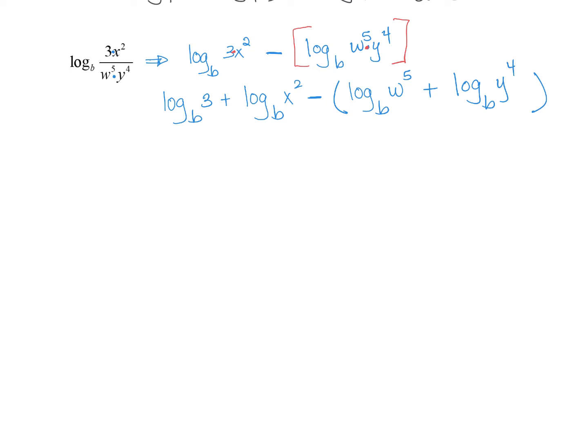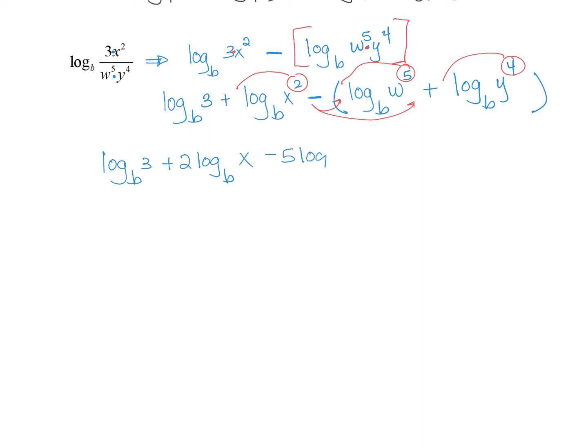And you can see I'm going to do two things on this last step. I'm going to move these exponents down to their respective logs, but I'm also going to distribute this negative sign. So our final result will be log base b of 3 plus 2 log base b of x minus 5 log base b of w minus 4 log base b of y.